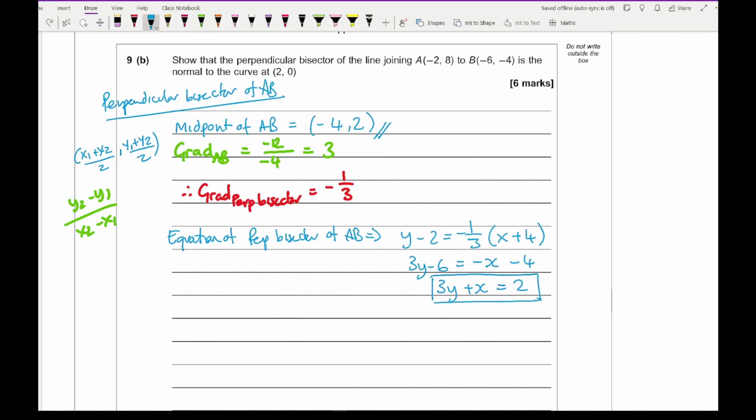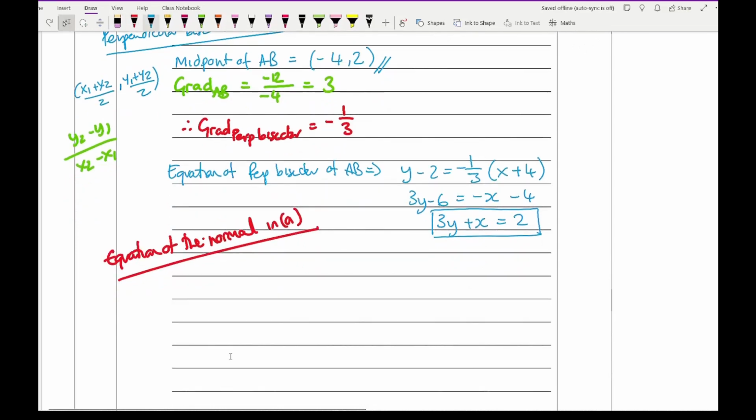Now the next thing for me to do is to work out what the equation of the normal in part A is going to be. So for this, the gradient at 2, 0.